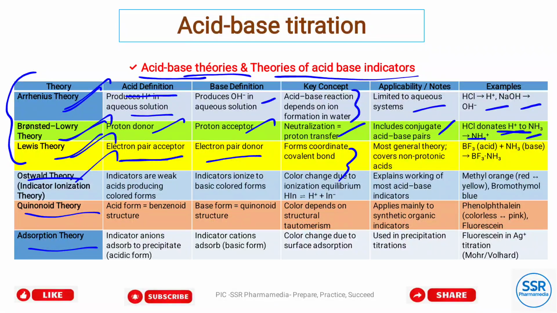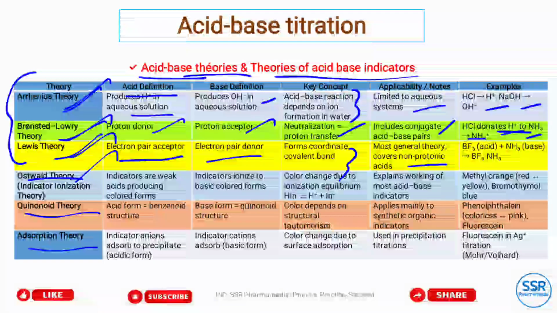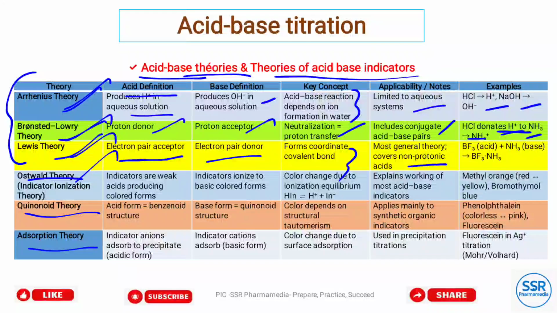In applicability, it is the most general theory and covers non-protonic acids. For example, BF3, an acid, reacts with NH3, ammonia, to form a complex.